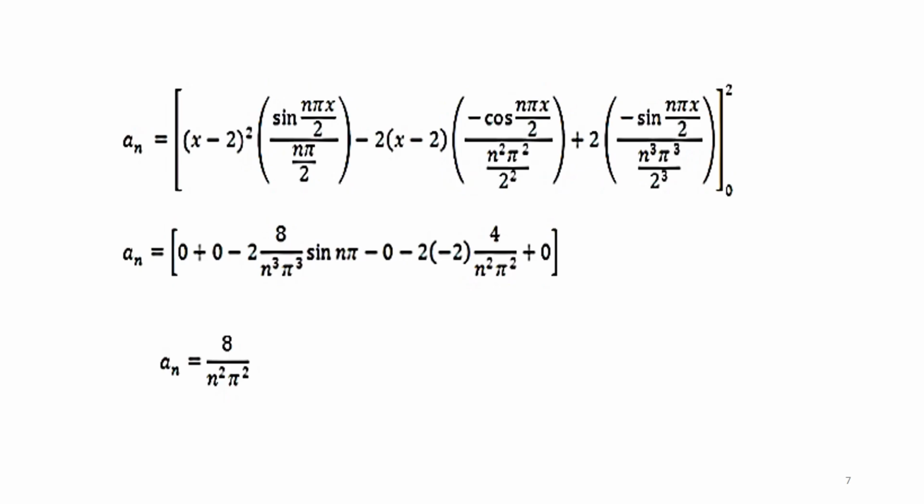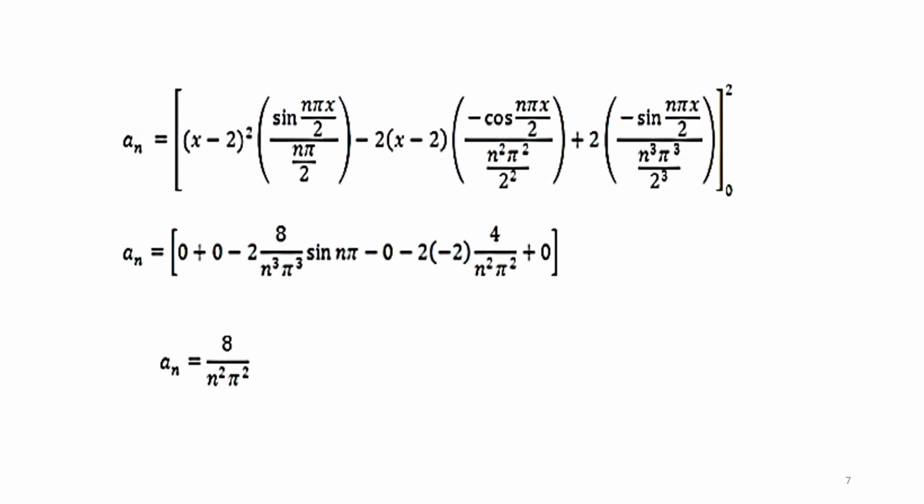Okay, so after substituting all these values, for the upper limit substitute x equal to 2. First, if you substitute 2, 2 minus 2 becomes 0, and the second term also 2 minus 2 becomes 0, and for the third term, you will get sin n pi divided by n cube pi cube by 2 cube. Minus, again substitute the lower limit 0.